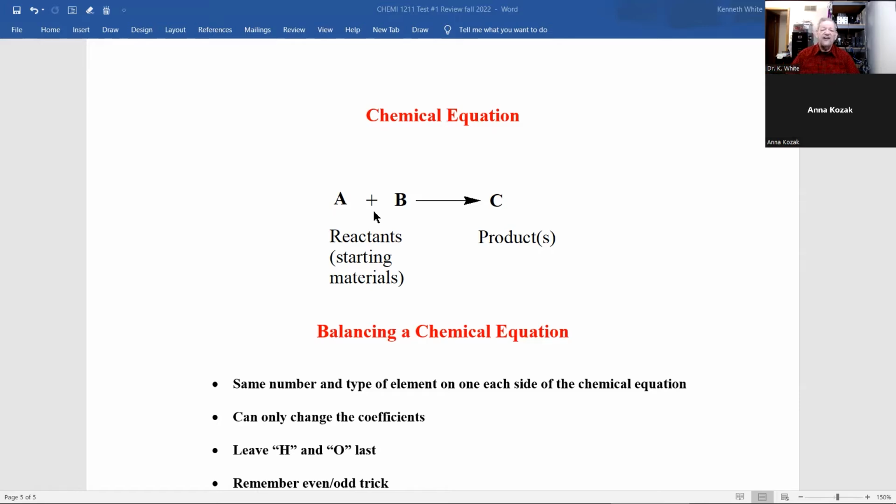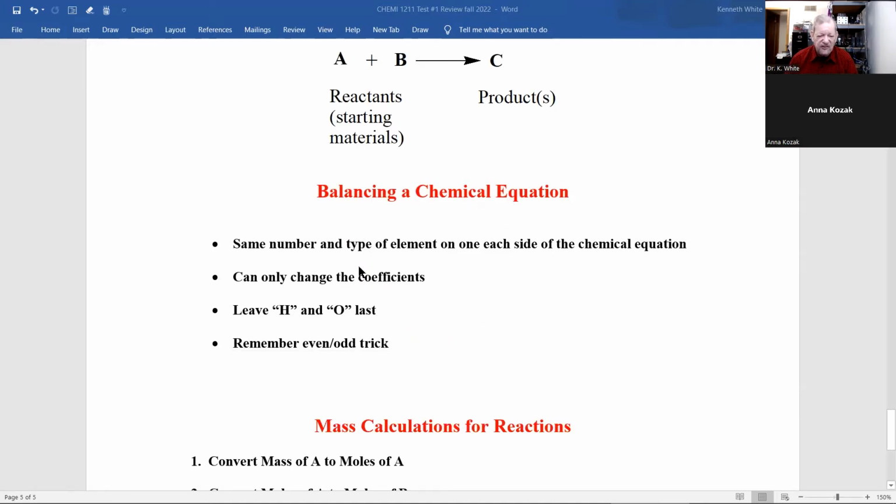Now, because of the conservation of mass law, that you never create or destroy atoms in a chemical reaction, you have to have a balanced chemical equation. That means you have the same number and same type of element on each side.